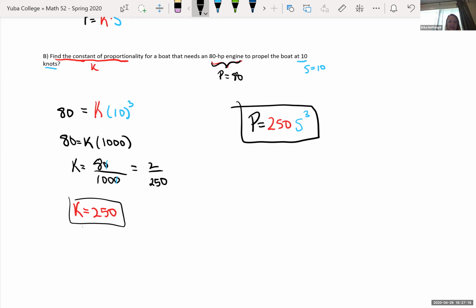And so now we can answer anything they throw at us. So part C. How much power is needed to drive this boat at 15 knots?